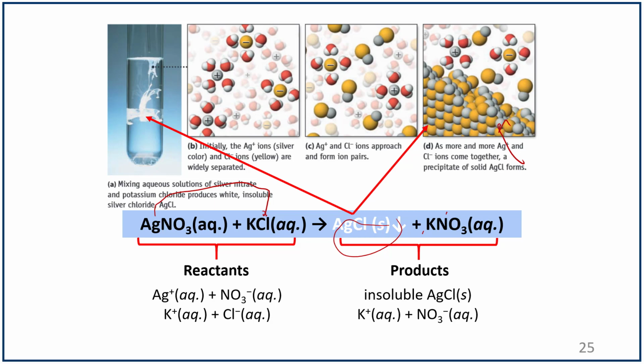But again, one thing I wanted you to appreciate here is that this diagram just shows us that in essence, the nitrate ions and potassium ions did not really participate in the reaction. Basically the only ones which participated in the reaction are silver ions and chloride ions.